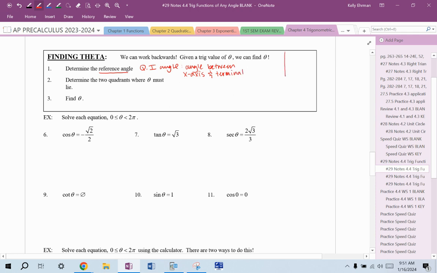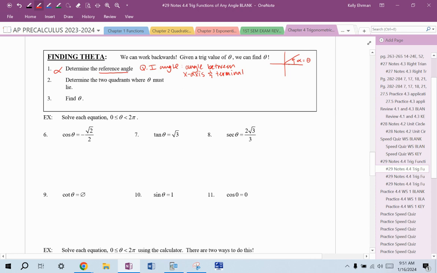It's often denoted by alpha. What that means is in quadrant 1, we don't really need a reference angle because the angle we're talking about is between the x-axis and the terminal side. So theta is the same as the reference angle.